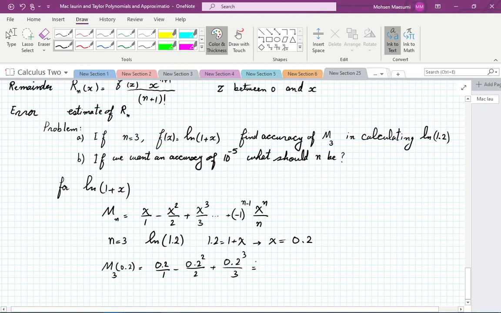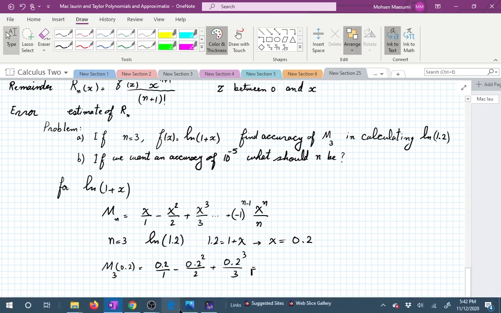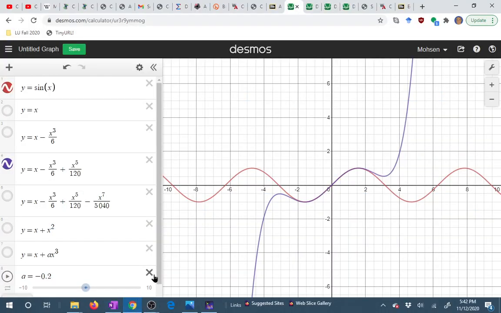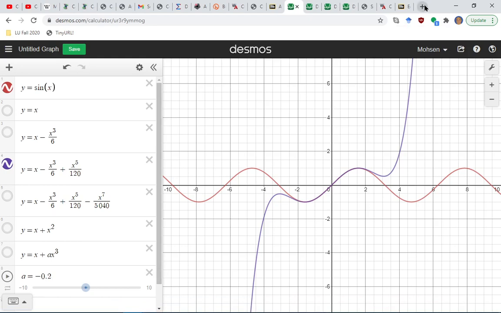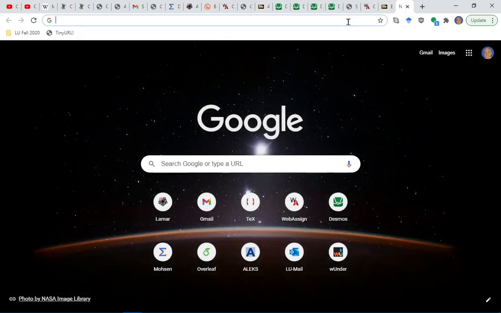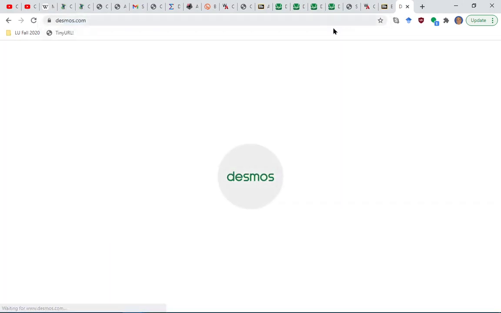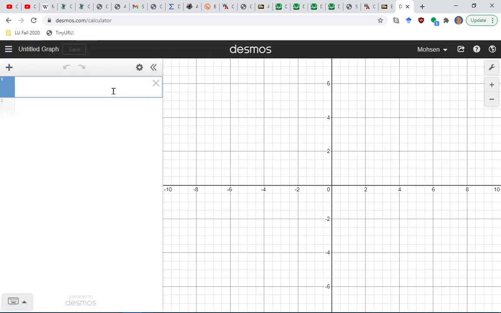So you can use your calculator, or just as a reminder, you can also use this one. Let me open another one. So you have 0.2, you can use this as a calculator. You see what you are entering.